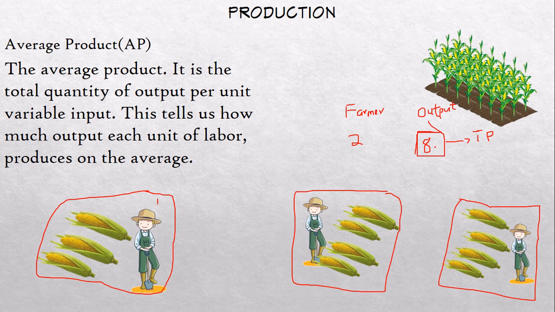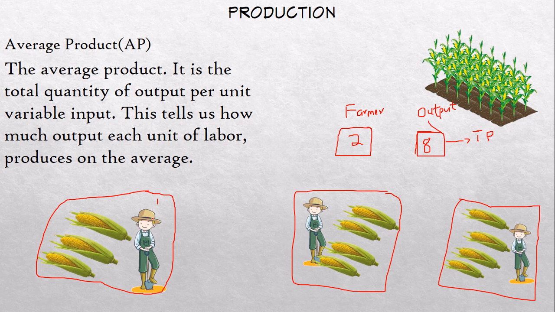Remember that we have 8 maize. Take note: if the labor is 2, the total product is 8. Now we are distributing this 8 maize to the farmers, and they should get the same number of maize. If I distribute it to the two farmers, each of them is going to get 4.